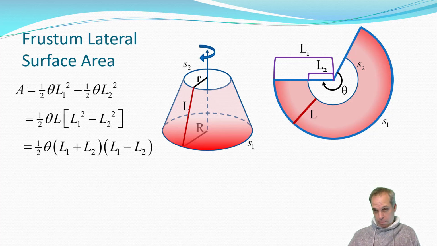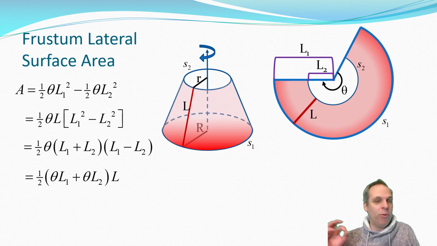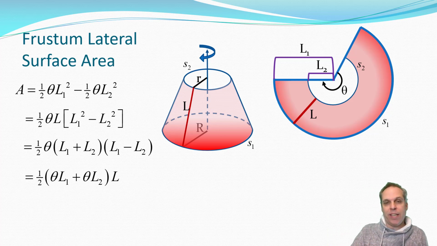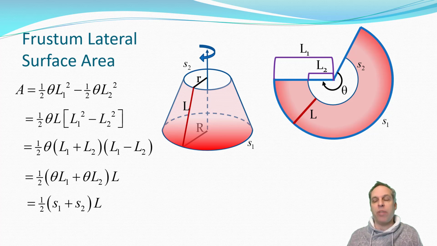We also notice from the picture that L1 minus L2 is just L, so we can get rid of that right away. At the same time, I chose to distribute the theta through the expression. But I remember from early trig that if you take the angle in radians and multiply it by the radius, you get the length of the subtended arc. So theta times L1 is just S1. Theta times L2 is just S2.